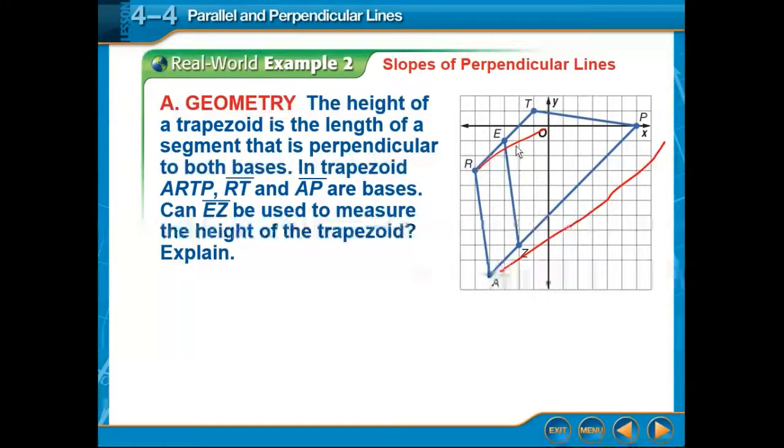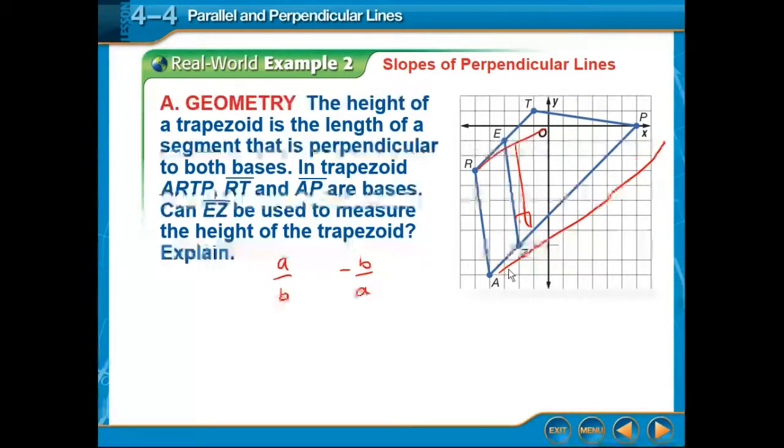Can EZ be used to measure the height of the trapezoid? So the height of a trapezoid has to be perpendicular to the bases. So we want to see if those slopes are perpendicular. So remember, slopes, if they're perpendicular, if I have A over B, something that's perpendicular to it would be -B over A. So we want to see if we can do that.